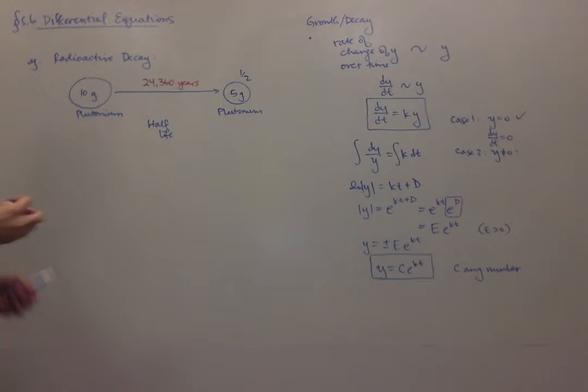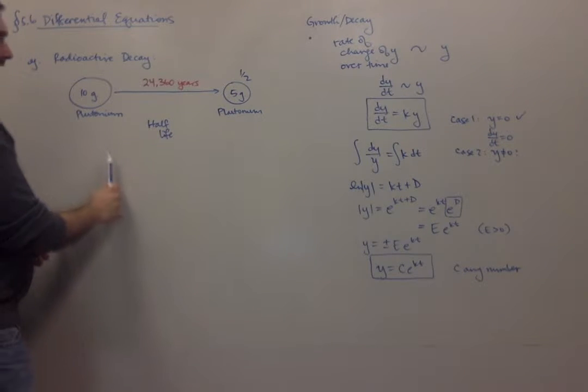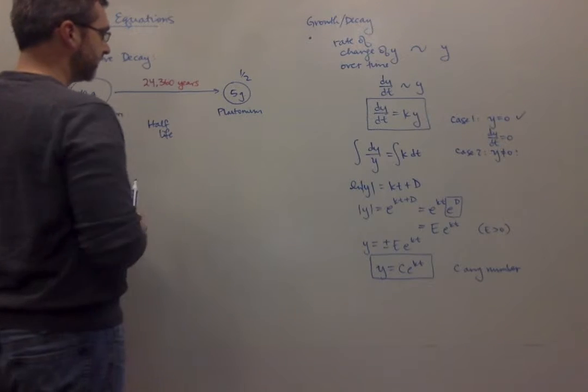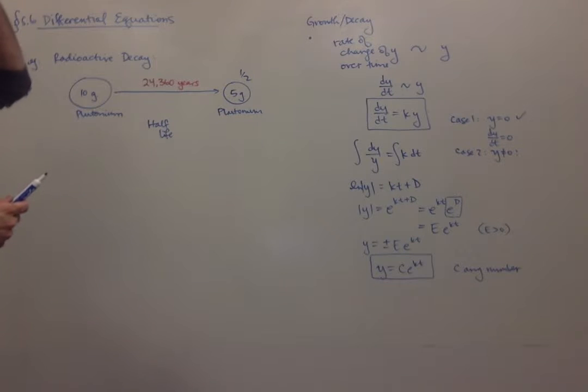Now, how people measure this is a different issue that I'm not going to get into right now. But if we started with 20 grams and went 24,360 years, we would end up with 10 grams at the end. So that is known as the half-life.